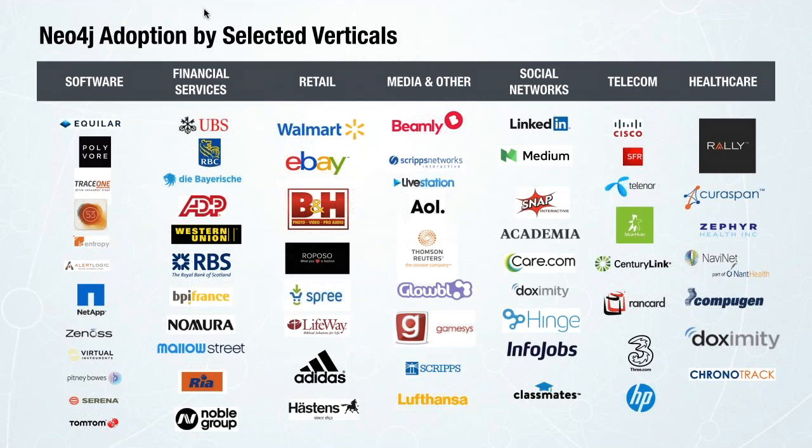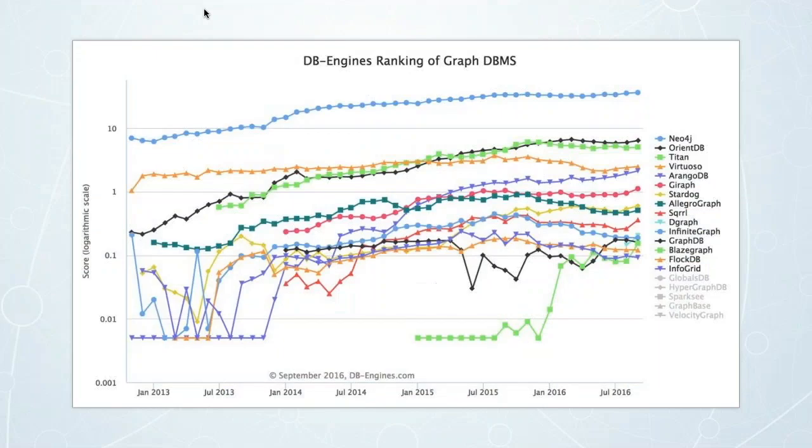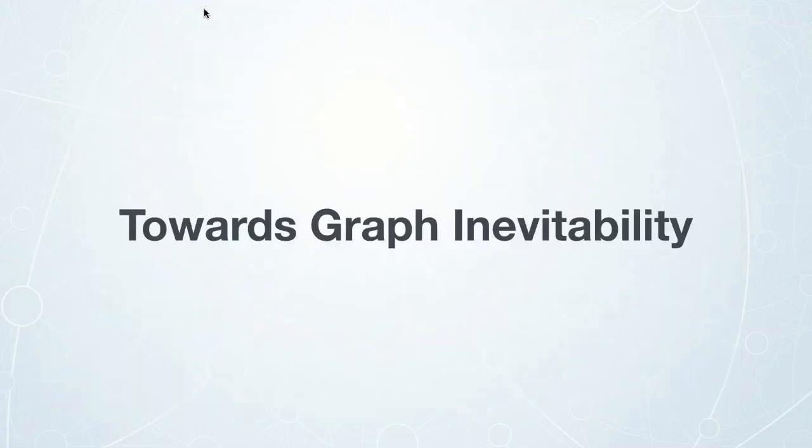And this is the latest DB-Engines ranking of graph databases, and I think it really shows our popularity. We've been placed at number one for a long time, and this is the latest ranking from September 2016. So graphs really are everywhere, and as we like to put it, we're moving towards graph inevitability.